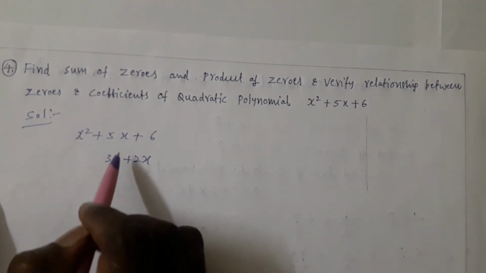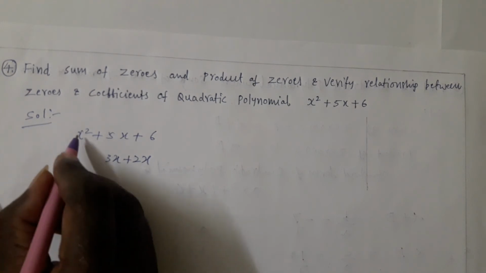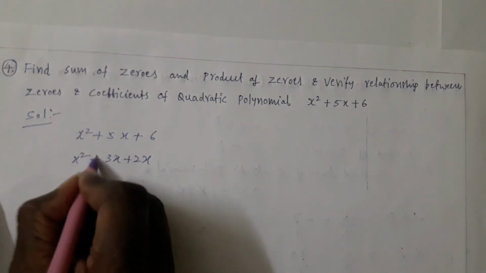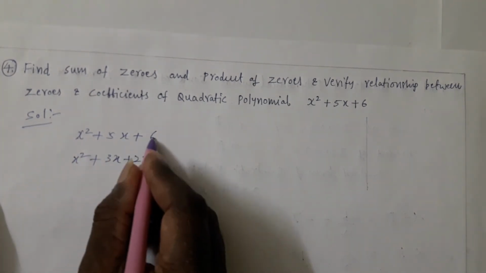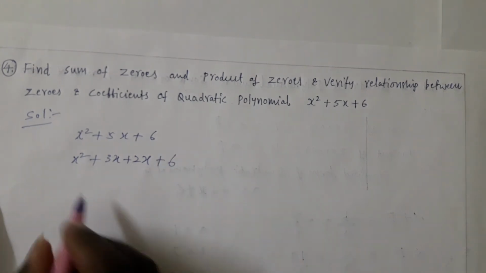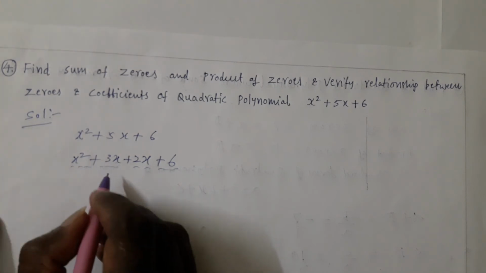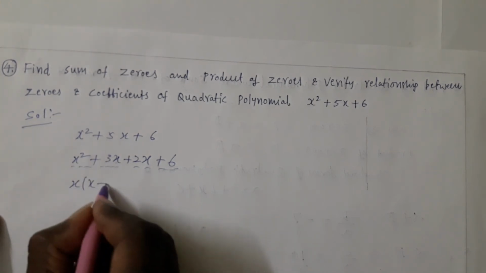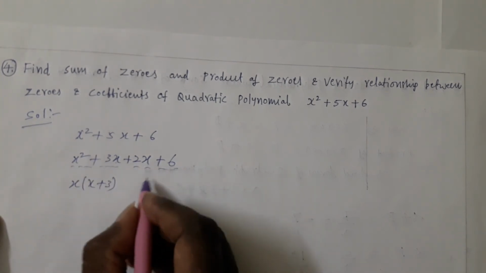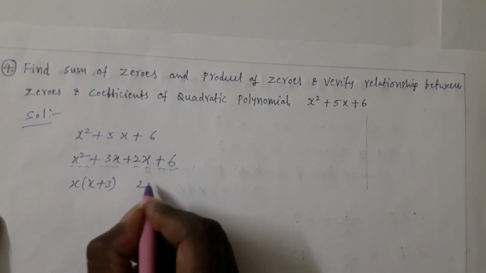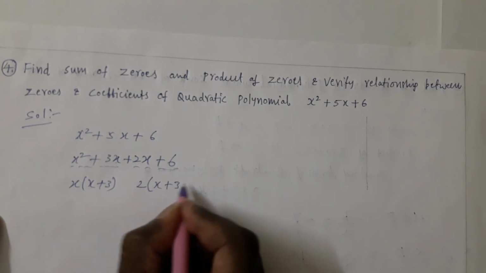So that is correct. First term here, second term split, and third term. Here we can take the first two as one part. From these two, what is the common? X is common, x plus 3. These two, what is the common? 2 is common. So x plus 3.